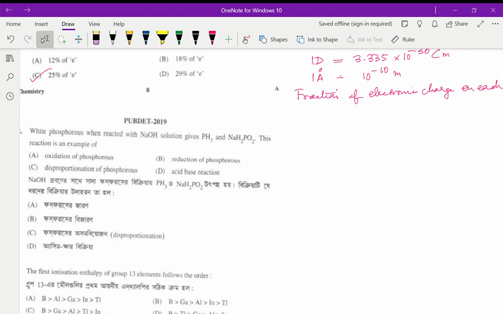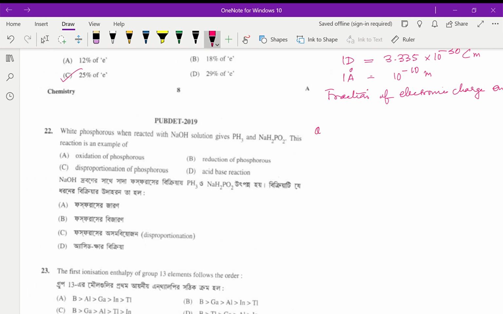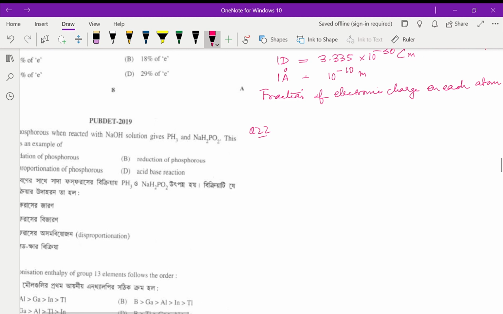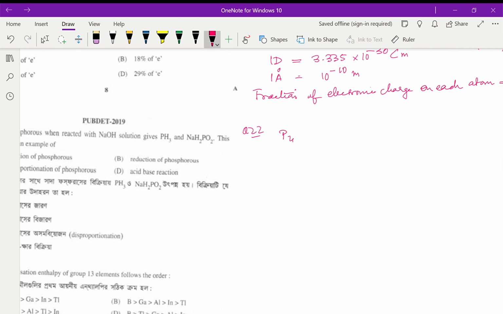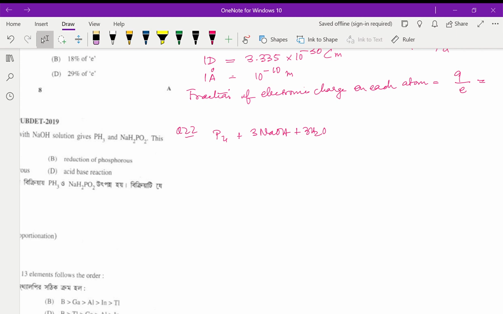So for this question we have P4 plus 3NaOH plus 3H2O, that is going to give PH3, that is phosphine, and NaH2PO2.